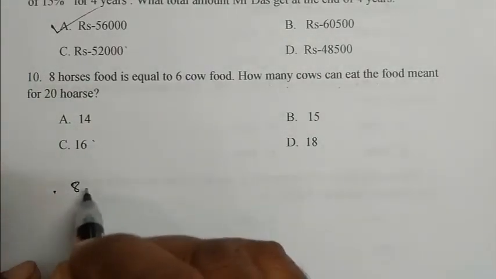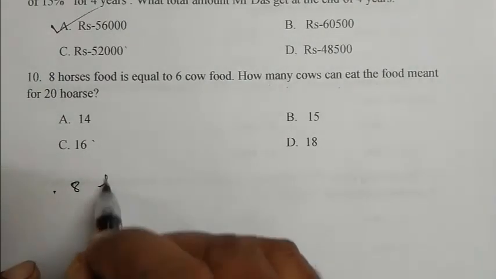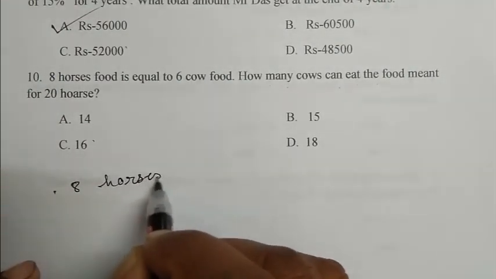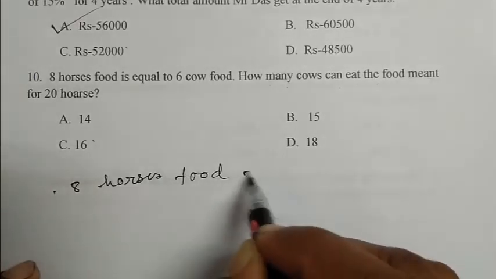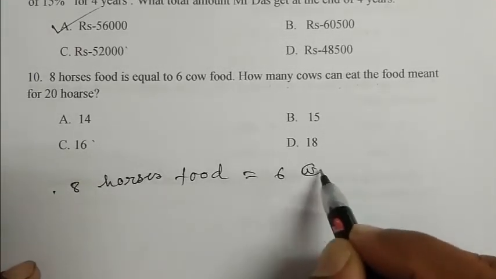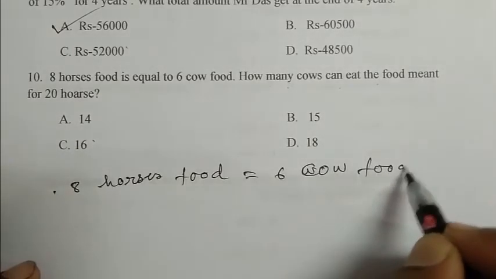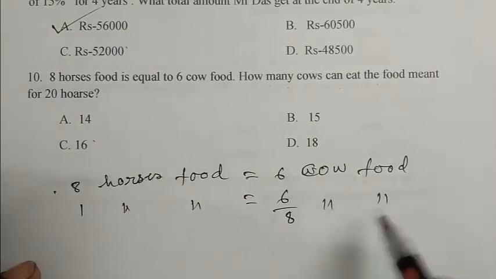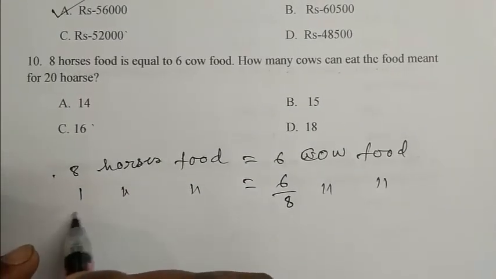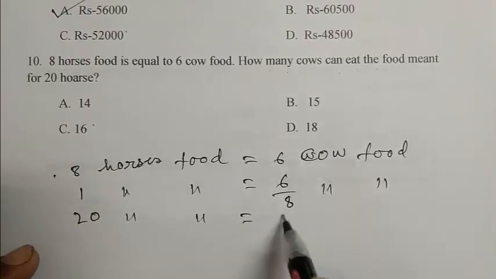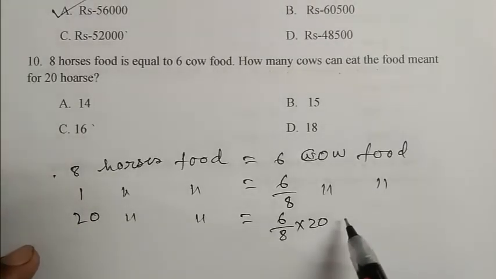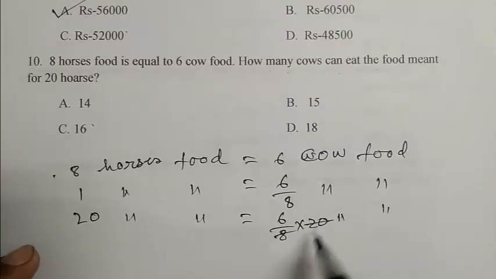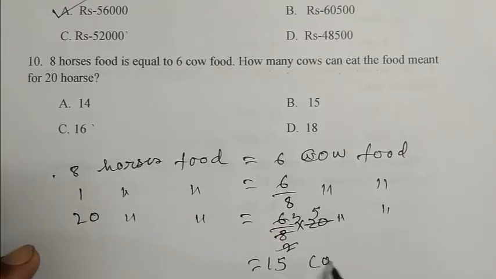So 8 horses' food is equal to 6 cows' food. 1 horse's food is equal to 6 by 8 cows' food. 20 horses' food is equal to 6 by 8 into 20 cows' food, that is 15 cows' food. So B is the right answer.